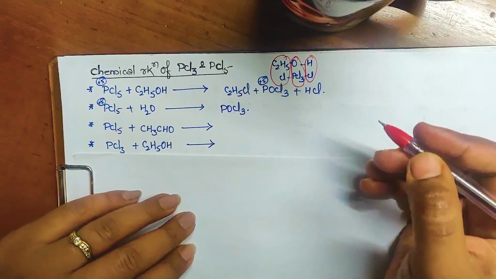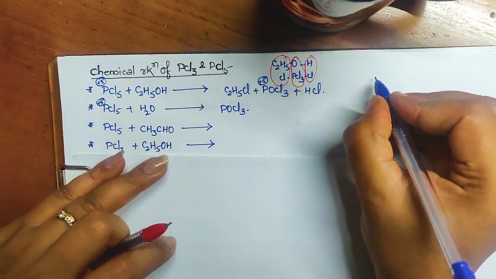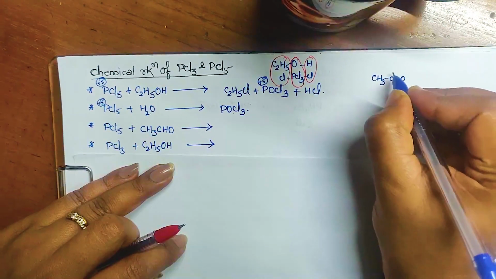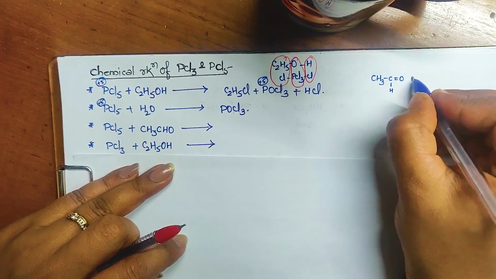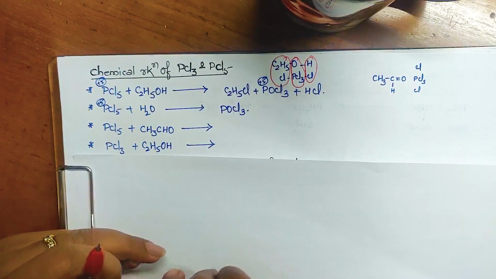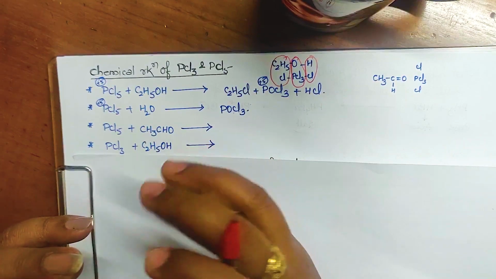Now think and tell me what product will form when PCl5 reacts with CH3CHO. So see, the same way as I told you, CH3, C double bond O and H. Can I write like this? Yes. So make it PCl3, Cl and Cl like this. Our target is that we have to take out the POCl3.